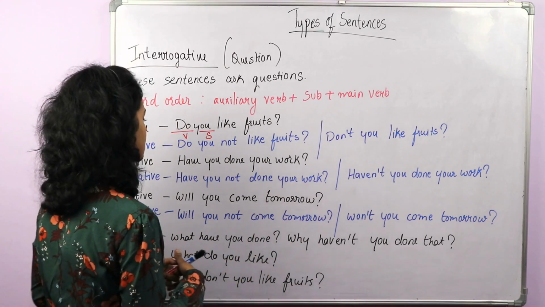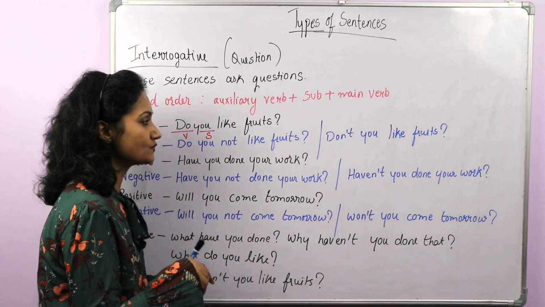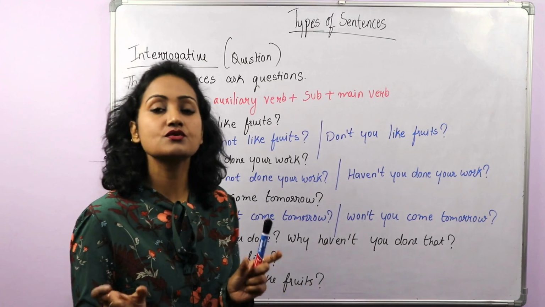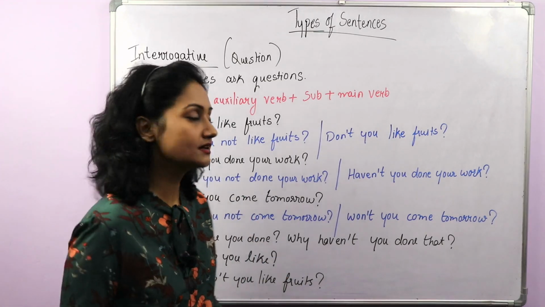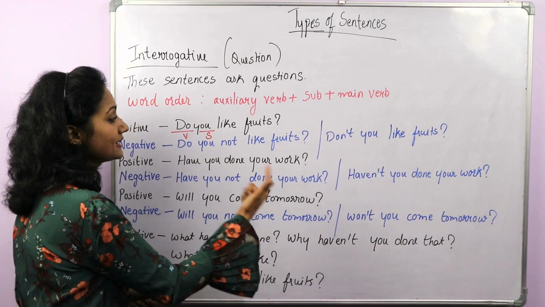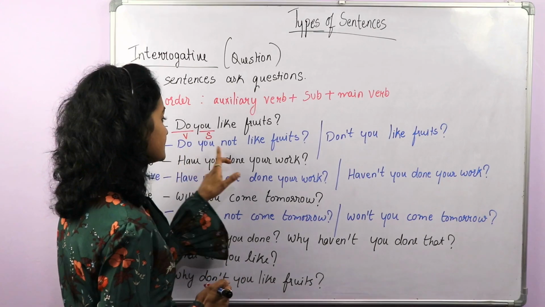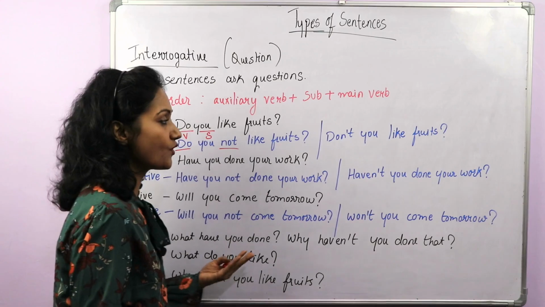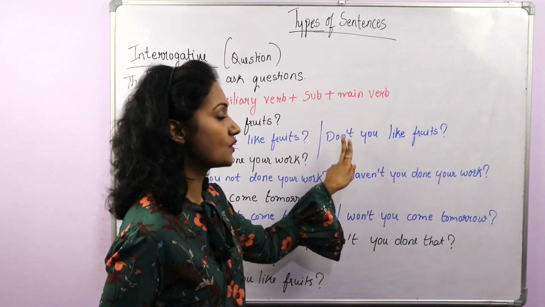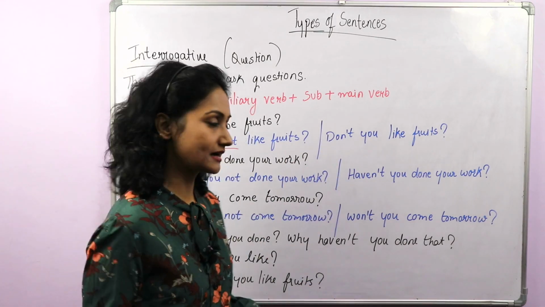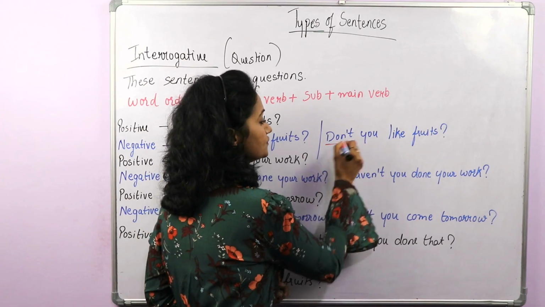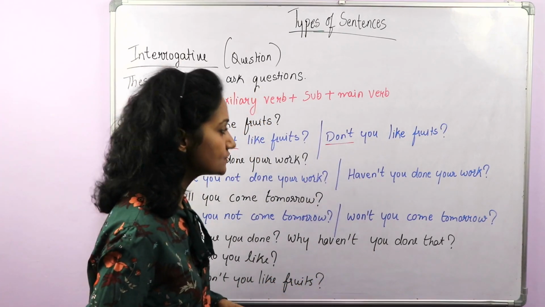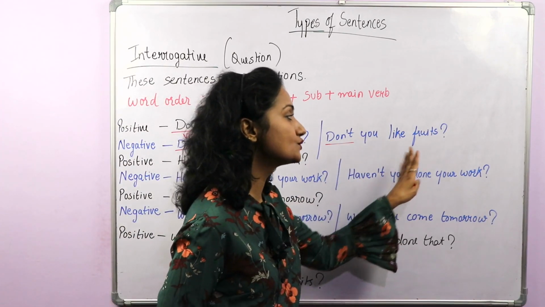It's a positive question. Now if you have to change it into a negative one, negative means you need not in a sentence. So do you not like fruits? Here we are using do not separately, so this is an expanded form, and when you use do not together, that is the contracted form. If you want to frame a question with contracted form, then don't you like fruits?